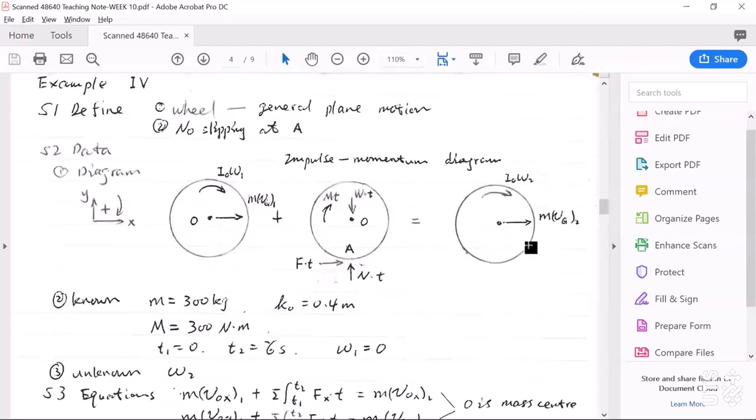Here is the final momentum diagram. Here we have final linear momentum m v_G2 and final angular momentum I_O omega 2.